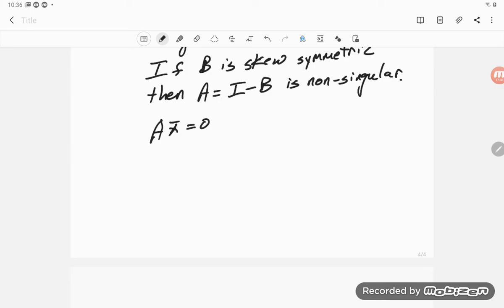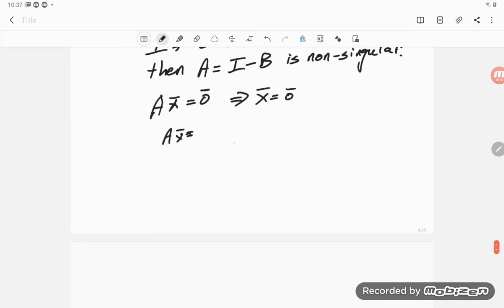Is that AX equals 0 implies X is the 0 matrix. So they set AX equal to 0.